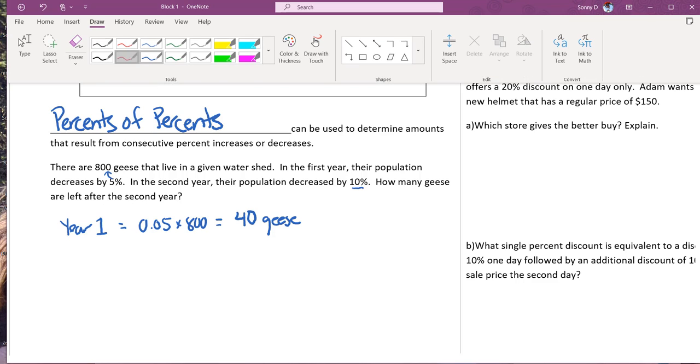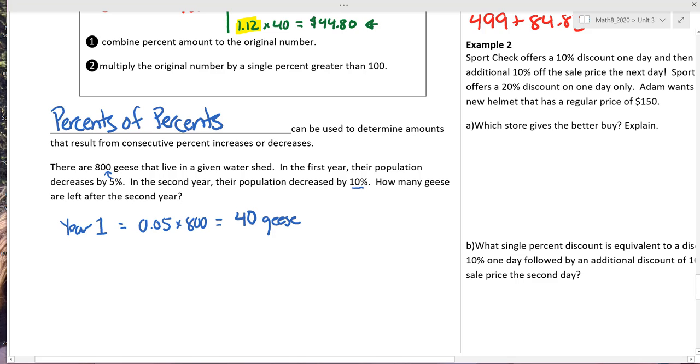So we lost 40 geese, so at the end of the first year, there's 800 minus 40. Okay? So there are 760 geese left. The first one is how many we lost. We lost 40, and this is how much is left.